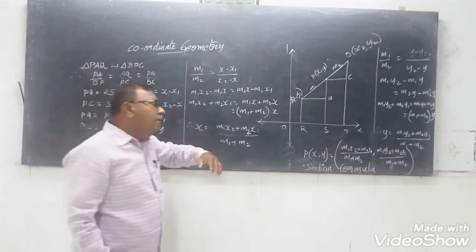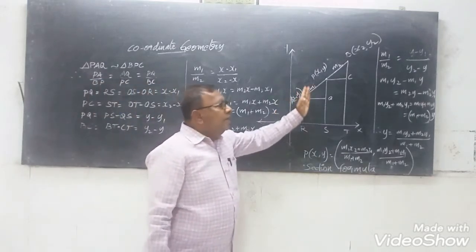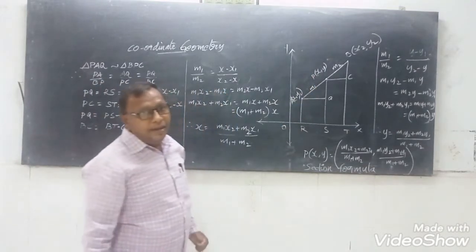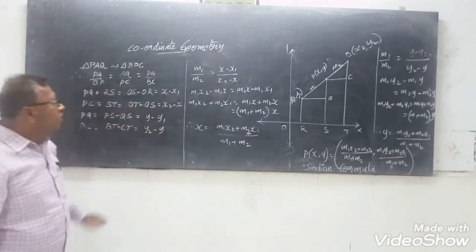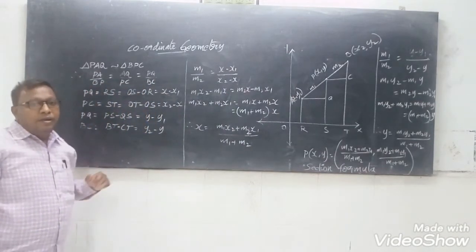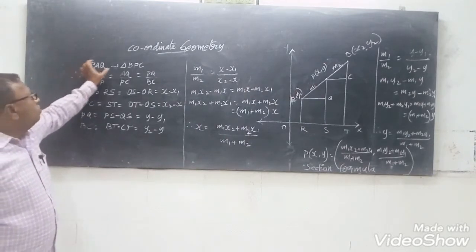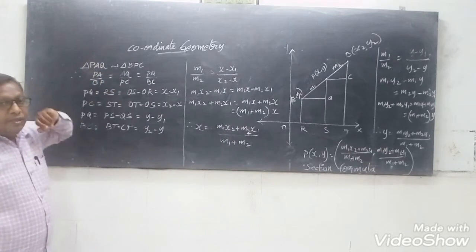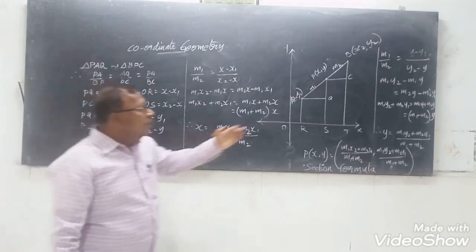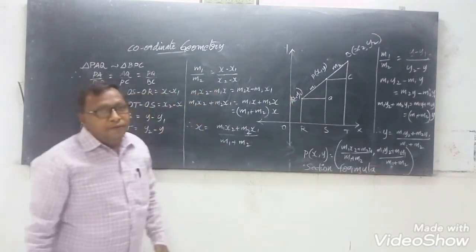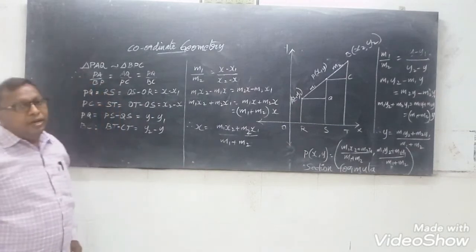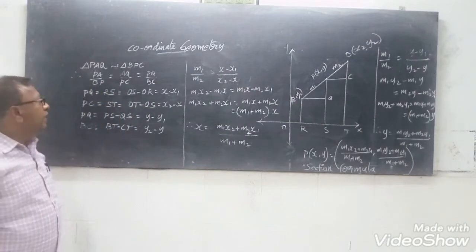How they are similar, we have learnt already, by the AAA corollary, the angle corollary, in the lower classes, and now we shall directly use this. When two triangles are similar to each other, we know that the ratio of their corresponding sides will be equal.